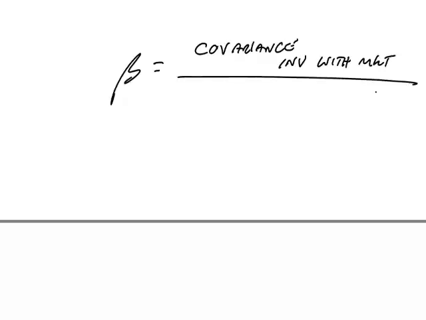It's a little bit like working out correlation. And what they actually do, you've got the formula there, the beta, it's a bit like the correlation between the investment and the market. It's the covariance, which I mentioned before, of the investment with the market, sort of how they match together, divided by the variance of the market.